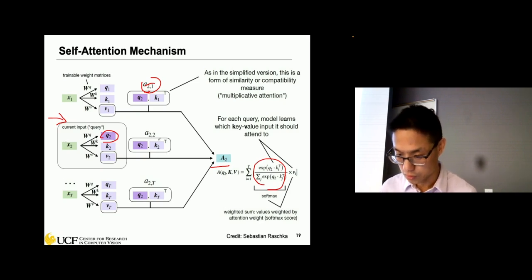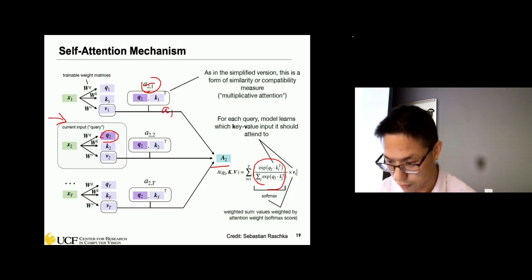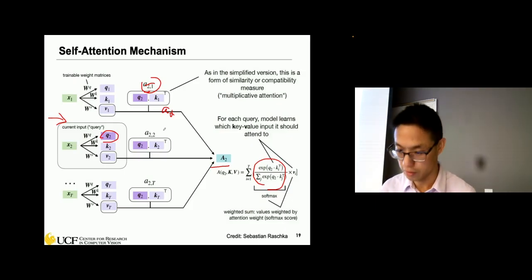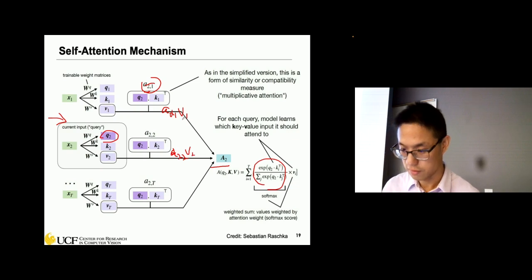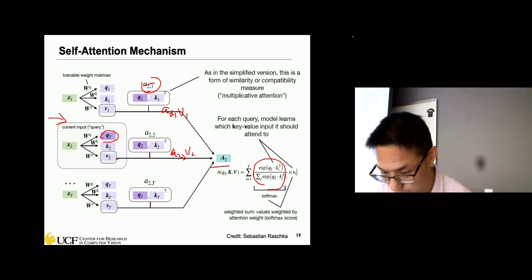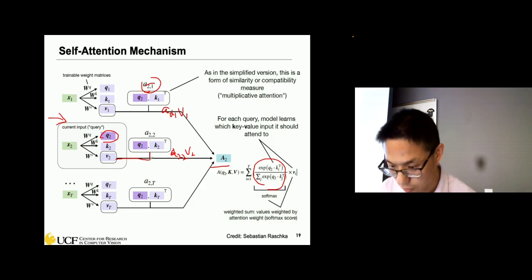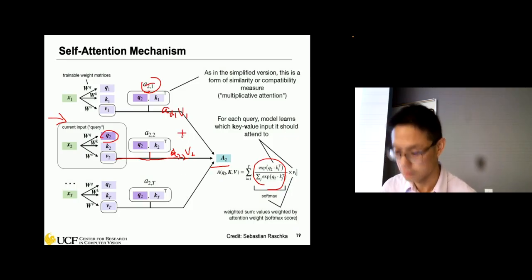If we again consider X2 as the query, you have A21 multiplied with V1, and here you have A22 with V2. This is a vector, this is a vector, and you basically sum them together. This is the weighted output.